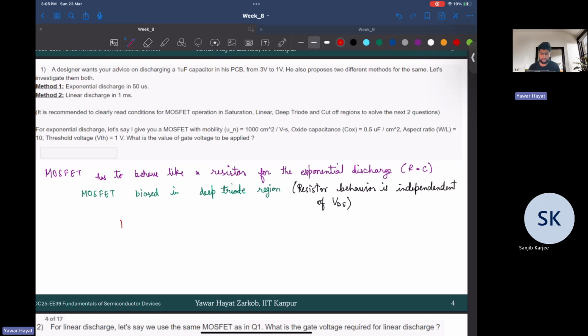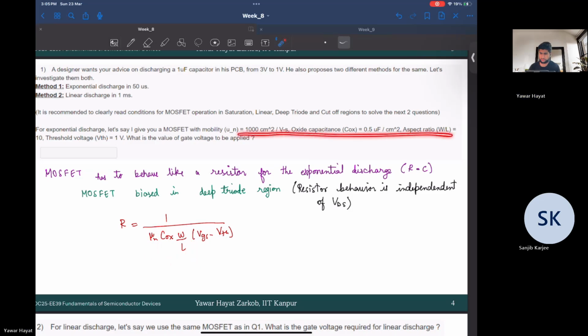So R is equal to 1 over mu n Cox W by L times (VGS minus VT). Now, these quantities are given, this is also given.